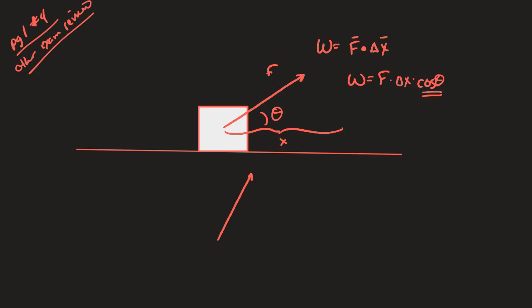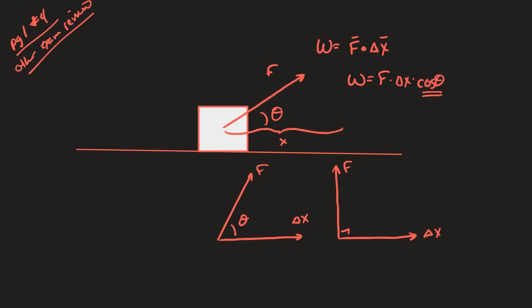Well, as I look at the angle here, I realize that you will reach a point where the angle between F and delta x will get close to 90 degrees. At 90 degrees, cosine is 0. So effectively, the vector product here would be 0. There's no part of the force in the direction of motion.